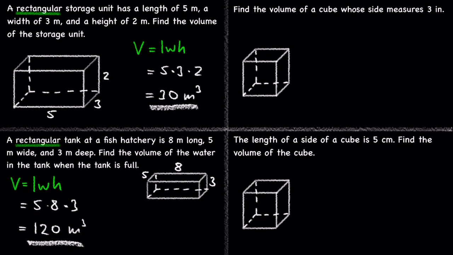If you want, you can also express the volume in liters. Notice that 1000 liters is 1 cubic meter. One times 120 is 120, and 1000 times 120 is 120,000.